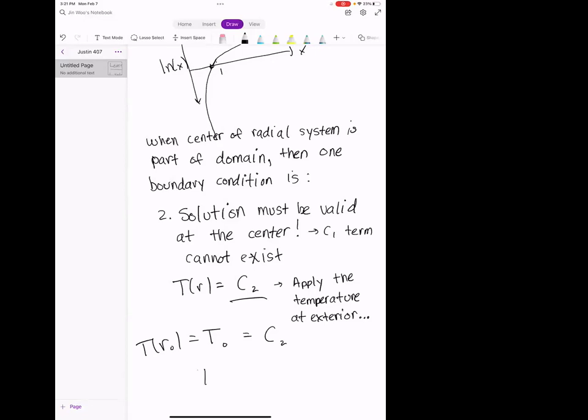And so our final temperature distribution is a constant temperature. T of r is simply equal to To.